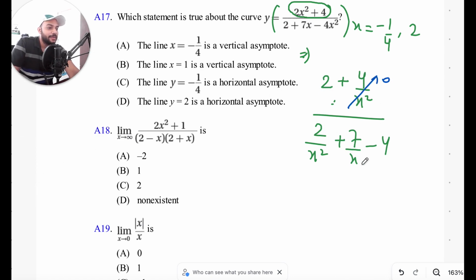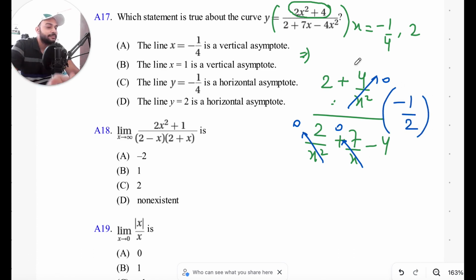This goes to 0, this goes to 0, this goes to 0. 2 over -4, that's -1 over 2. This is the value which y will be approaching when x tends to infinity. So the horizontal asymptote is going to be -1 over 2. So horizontal asymptote options are wrong. The vertical asymptote is going to be at x equal to -1 over 4 and x equal to 2. So this is also wrong. Option A is correct.